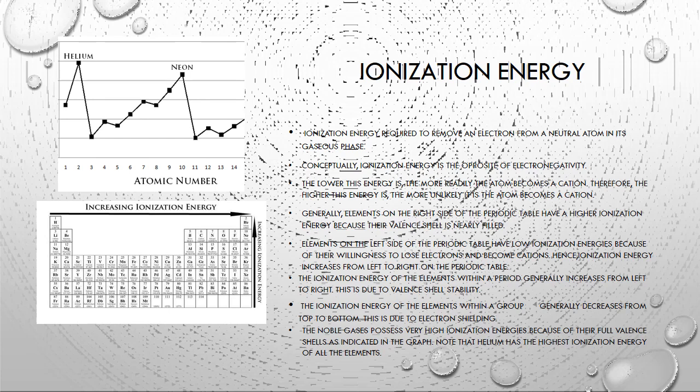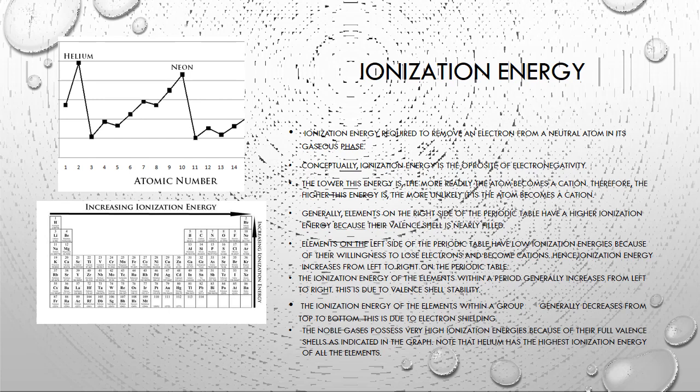Therefore, the higher the energy, the more unlikely it is that the atom becomes a cation. Generally, elements on the right side of the periodic table have a higher ionization energy because their valence shell is nearly filled. Elements on the left side have low ionization energy because of their willingness to lose electrons and become cations.